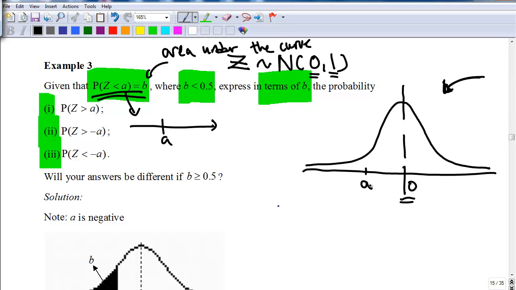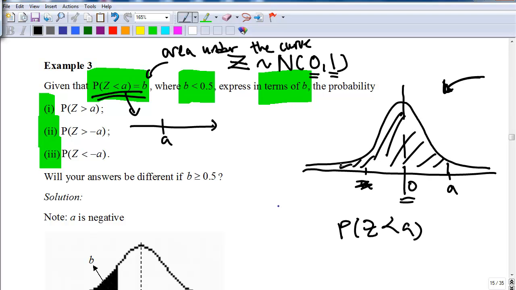That's because if A is not negative, let's say A is a positive number, so A will be somewhere here, then probability Z less than A is actually this shaded region. But quite clearly, you can see that this shaded region must be more than half, because the shaded region has included not just this half of the curve, but this half as well.